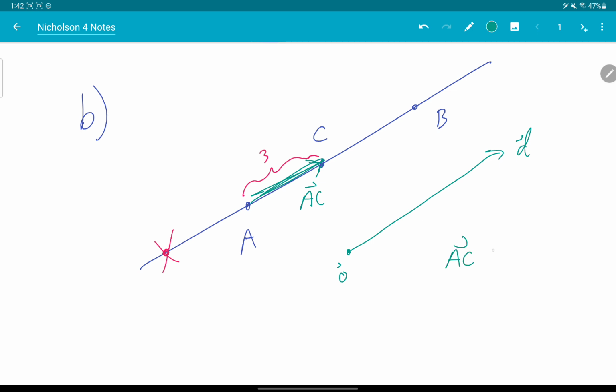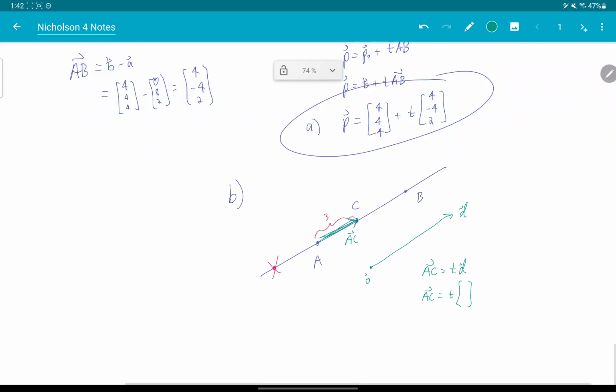So AC is some multiple, we'll say t, times my direction vector d. Hopefully that's clear from the picture. This vector and this vector are parallel, so one of them is a multiple of the other. That's what I've written down here. So AC is going to be something times my direction vector, which I've written up here, 4, negative 4, 2.